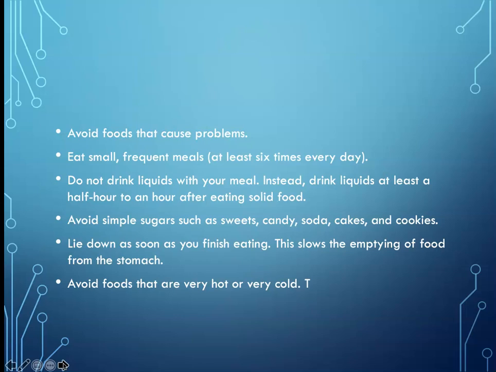And then avoid simple sugars such as sweets, candy, soda, cakes, and cookies. Do not lie down as soon as you finish eating, to slow the emptying of food from the stomach. And then avoid foods that are very hot or very cold.